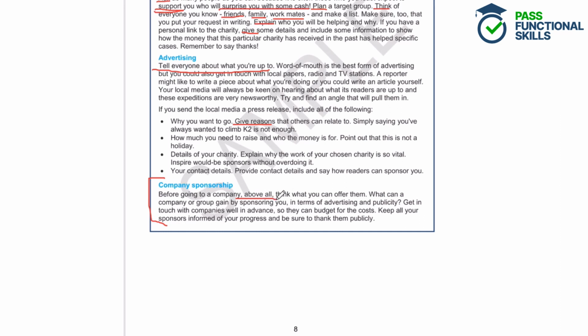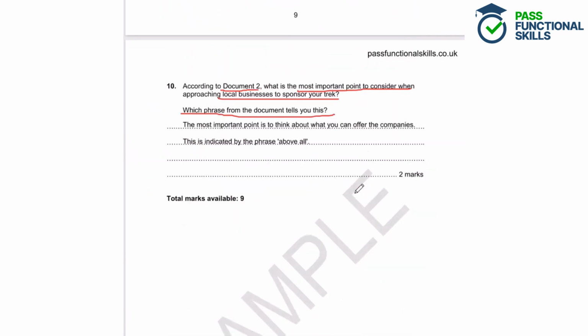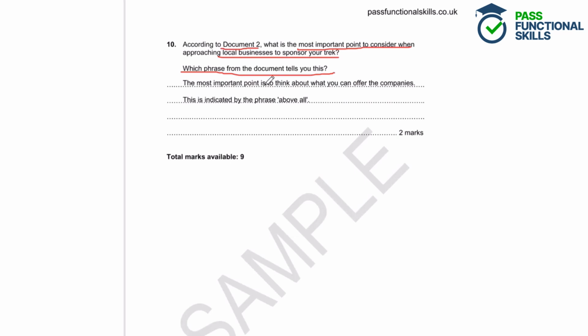Above all, that is the most important because of this phrase here. Think what you can offer them. So the most important point is to think about what you can offer the companies. And which phrase from the document tells you this? Well, it's indicated by the phrase above all, which means that it's the most important.